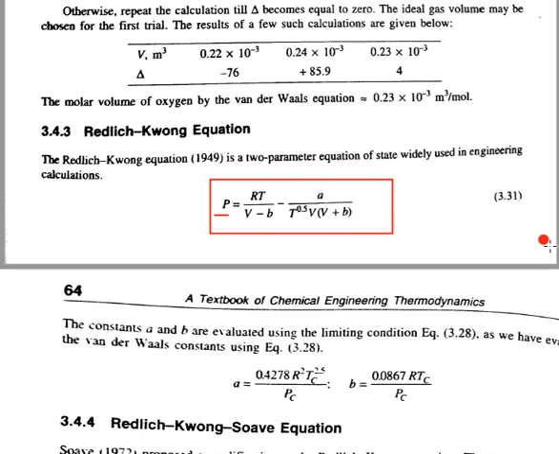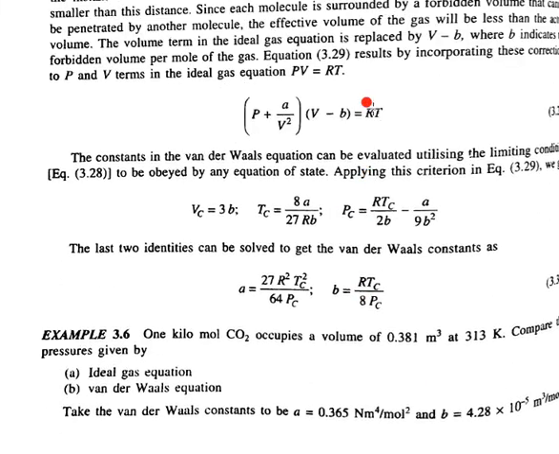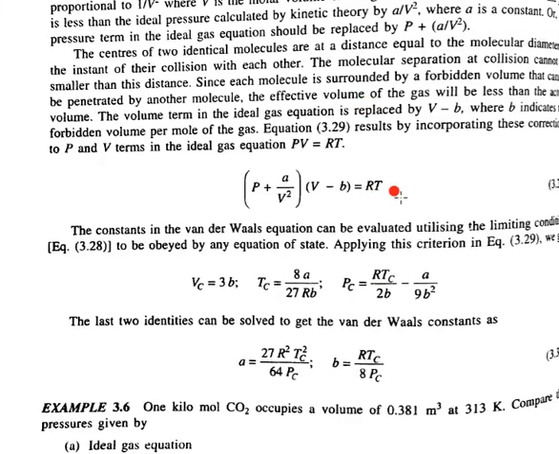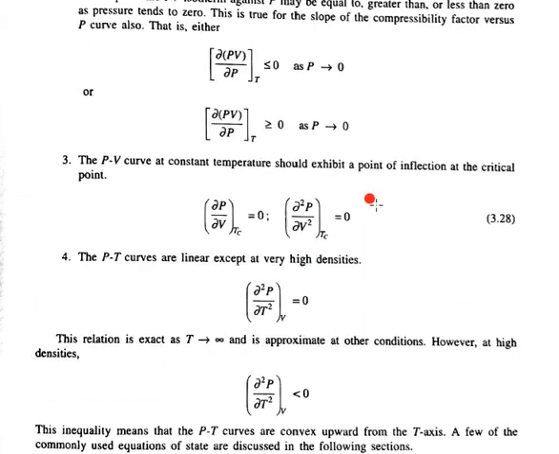As we evaluated the van der Waals equation constants using equation 3.28, so from the van der Waals equation, this equation 3.28, using this condition, the P-V curve at constant temperature should exhibit a point of inflection at the critical point.